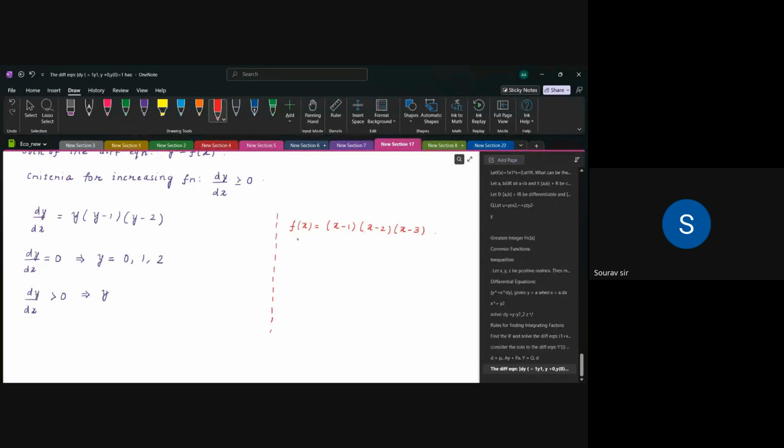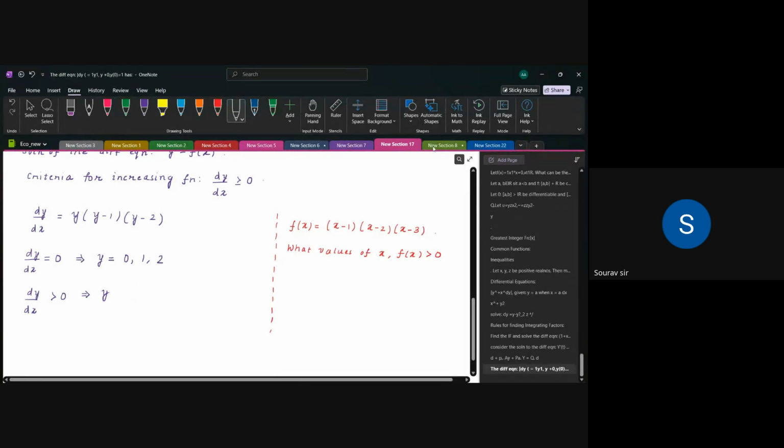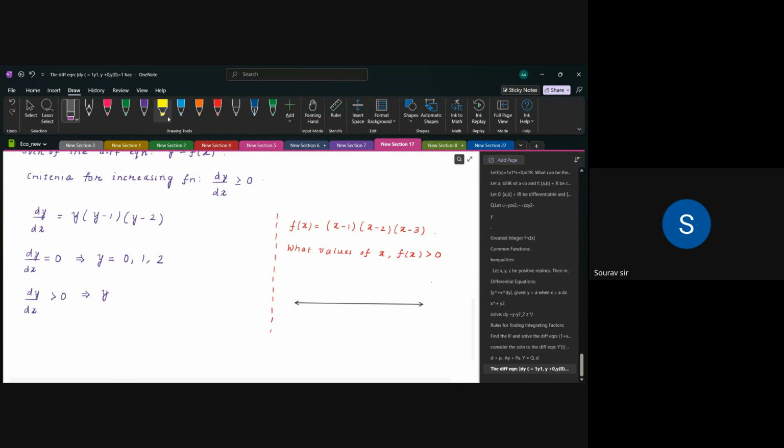If I ask you that for what values of x, f(x) will be positive, you can simply draw a number line like this, for all values of x.